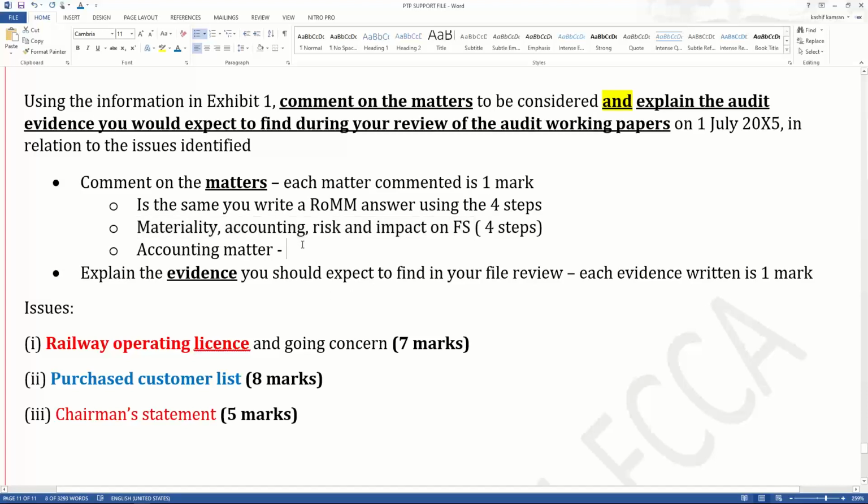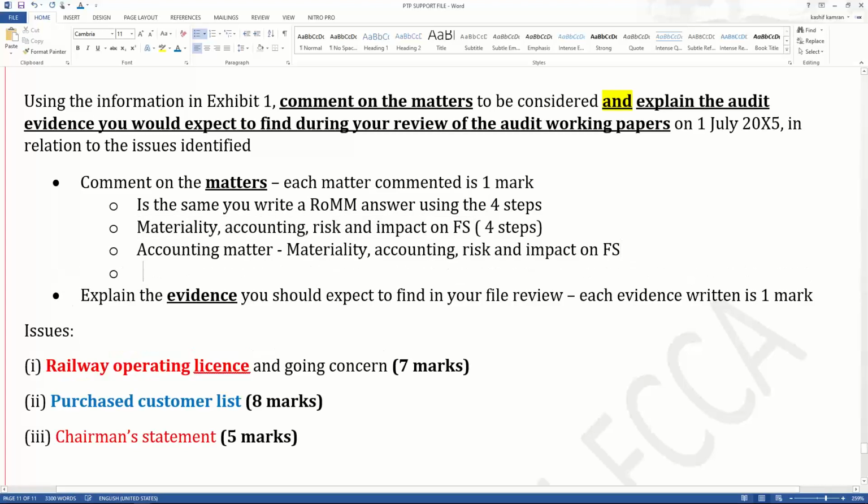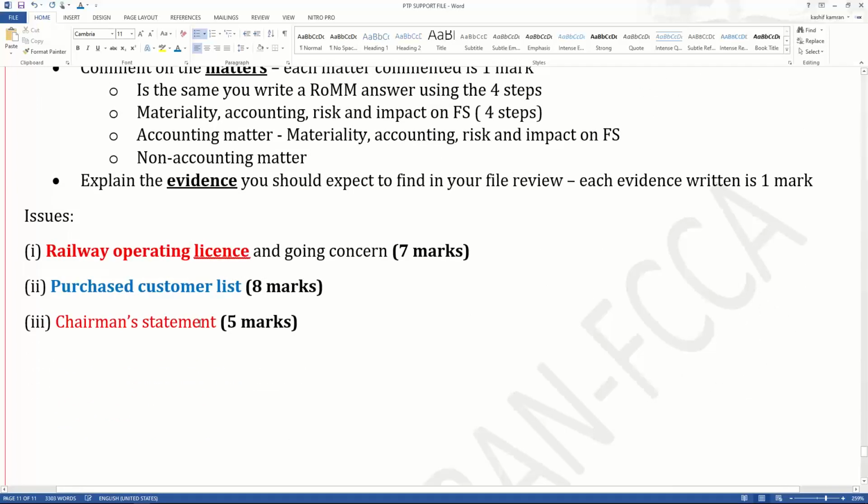But what if the examiner is asking you to comment on the matter and there is something like a non-accounting matter, just like a chairman statement? A chairman statement is not an accounting matter. It is other information in the annual report. I hope you all agree with me.